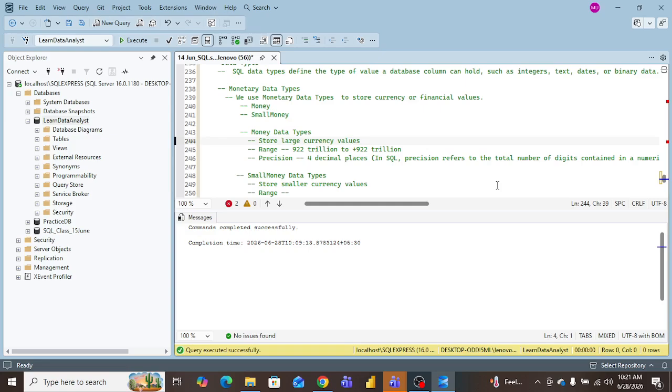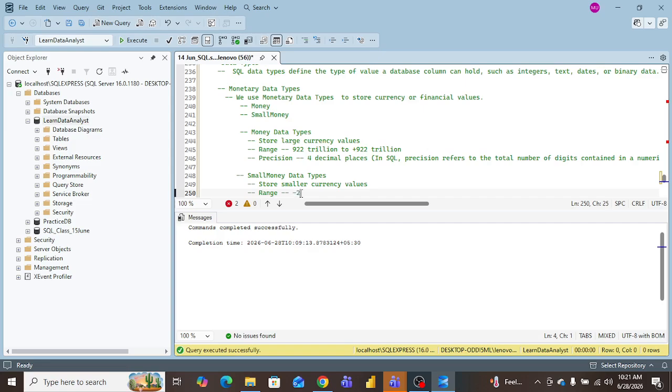So now I was telling you about the smallmoney data type. I told you the smallmoney data type stores smaller currency values, right? So definitely there is a range. If they store data, there will be a range. So what is the range here?